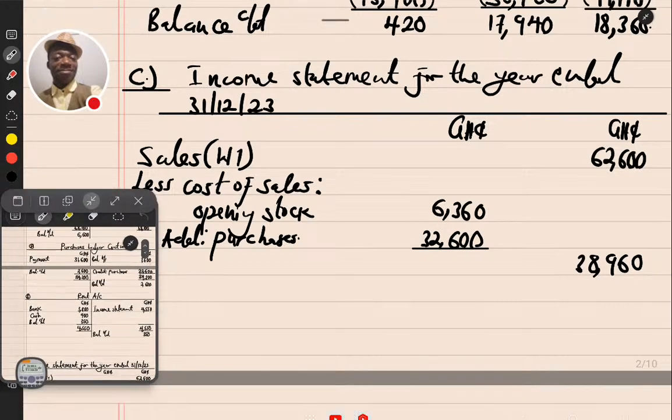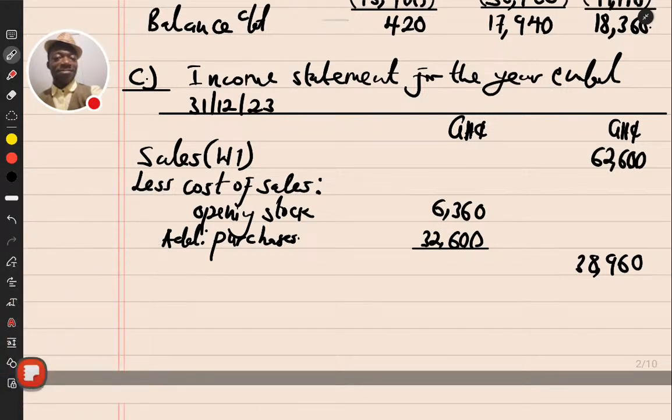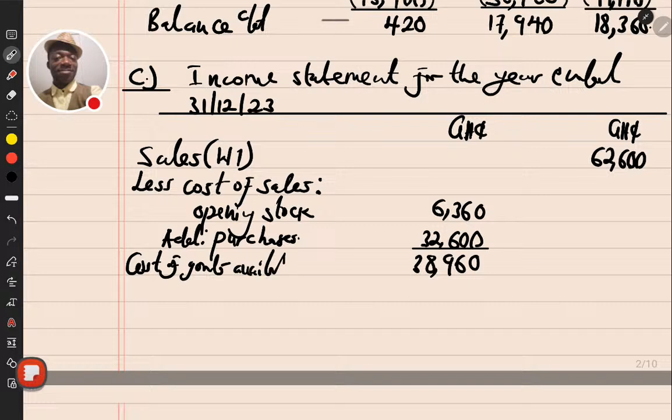Yes, I had that. So you call this as what? You're supposed to present it here rather. So we'll call this our cost of goods available for sale. I will call it COGAS.